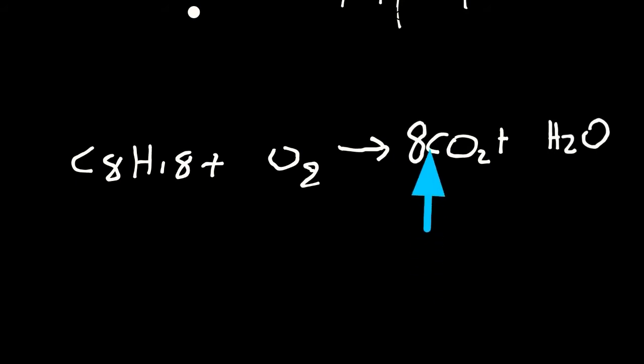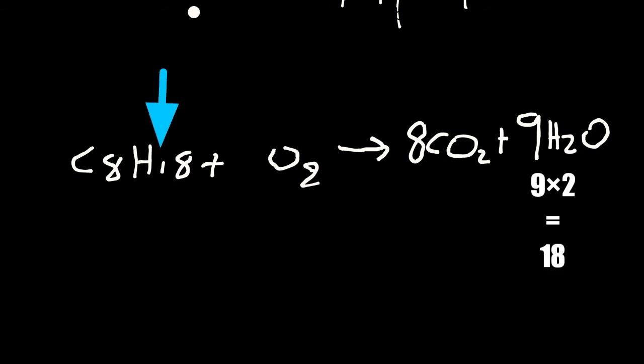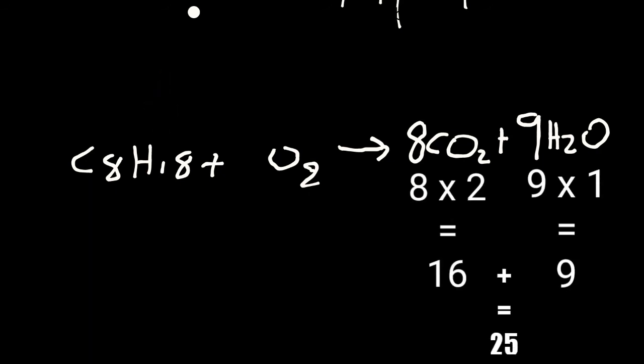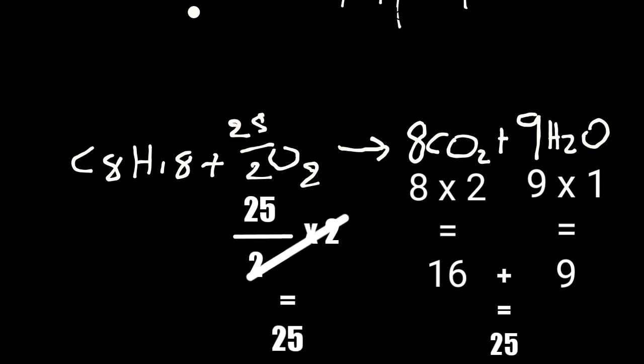We add 8 to the right of carbon because we have 8 carbon on the left. We add 9 to the right of hydrogen, multiply that by 2 gives you 18, and we have 18 hydrogen on the left. All you need is to balance the oxygen. We have 25 oxygen on the right, so therefore we need 25 over 2 multiplied by 2, that gives you 25 on the left.